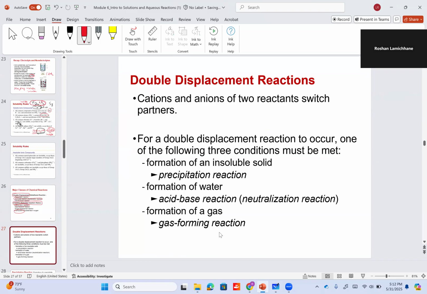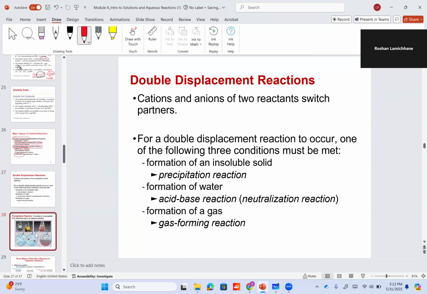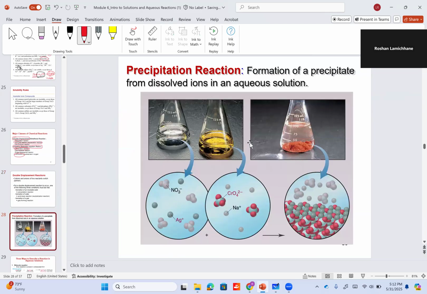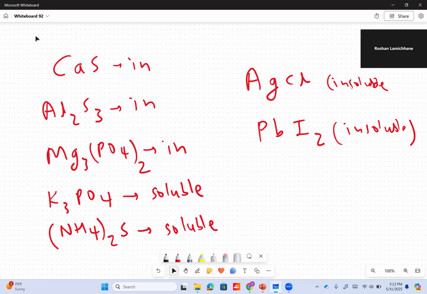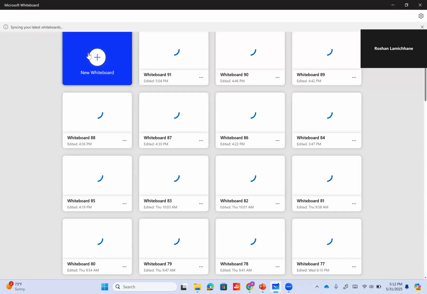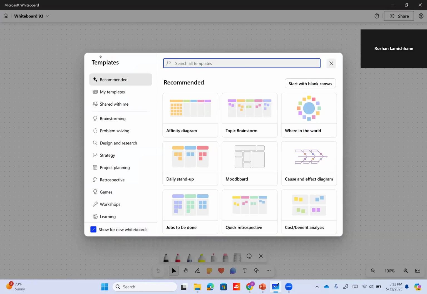First, precipitation reaction. I'll give you this example. Precipitation reaction, again, is an example of a double displacement reaction.